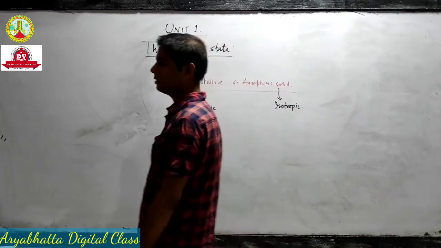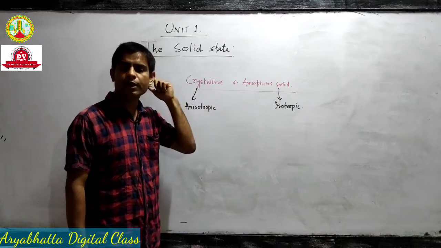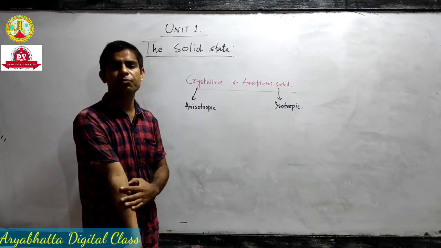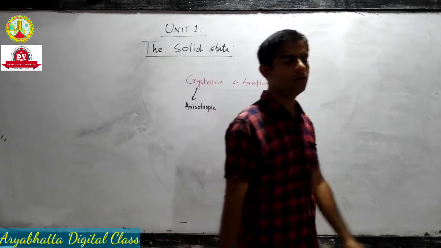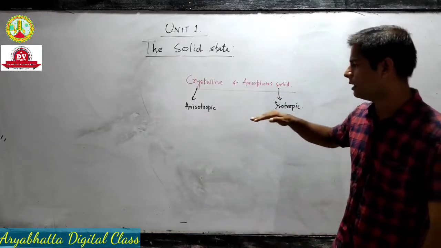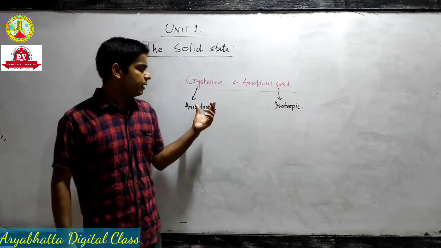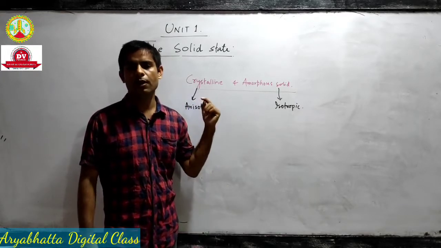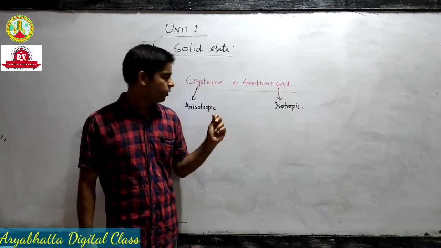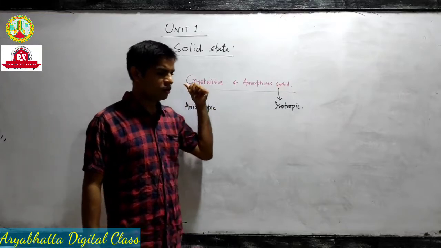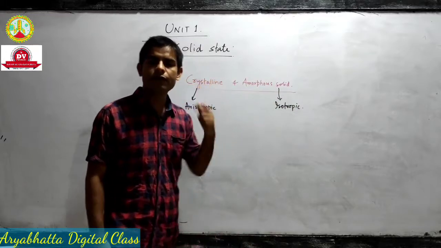Anisotropic tells us that in crystalline solids, some physical properties, like electrical conductivity, the refractive index, or electrical resistance, have different values when we check them or try to calculate them. They will give different results.